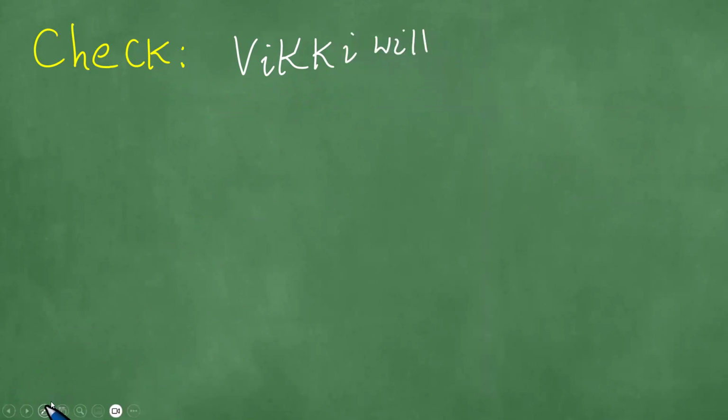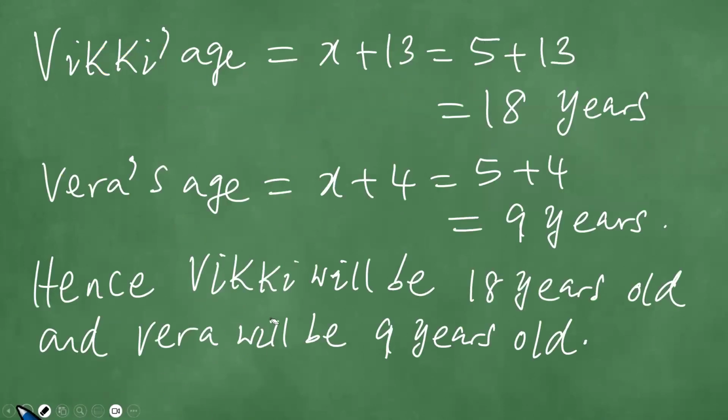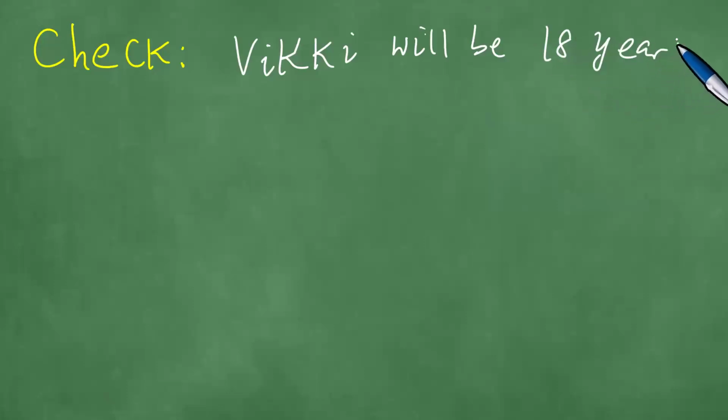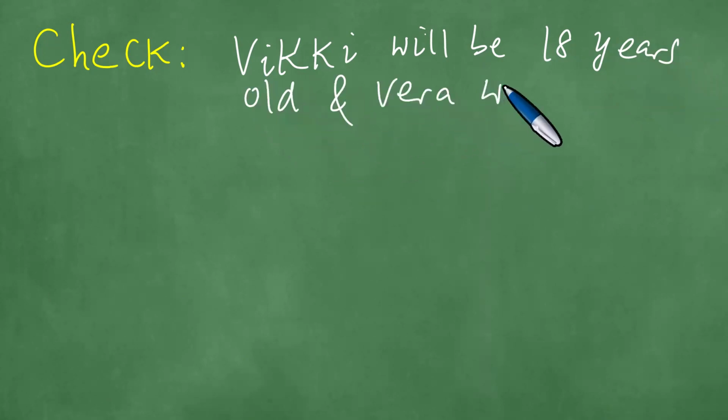We've already said that Vikki will be 18 years old and Vera will be 9 years old.